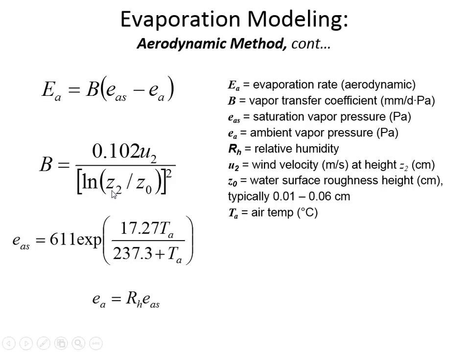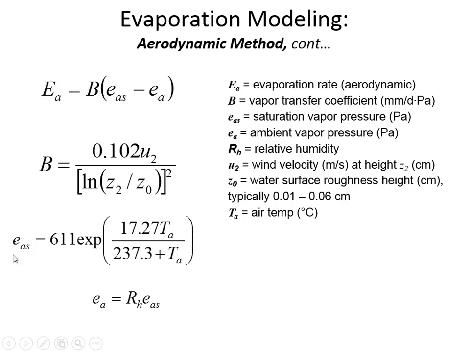Z2 versus Z0 are measurements of both the height at which the wind velocity was measured, and also the roughness of the surface. So if there are lots of choppy waves, then Z0 would be larger, but if it's really smooth conditions, meaning the water surface is glassy, then Z0 would be lower.